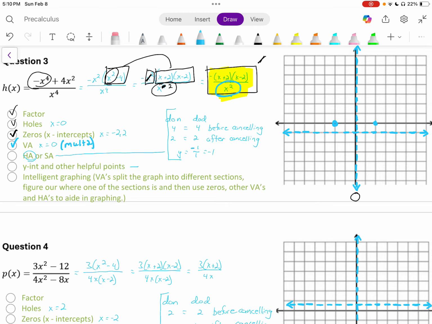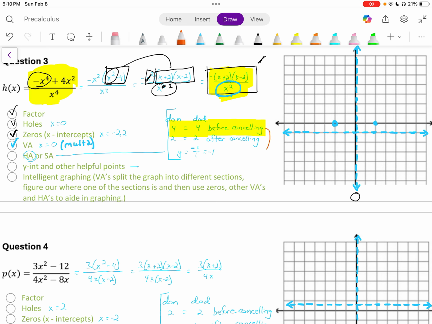And then we're going to look at our horizontal or slant asymptote, which we can just find by looking at the leading coefficient and the degrees. The degree of the numerator is 4, the degree of the denominator is 4. That was before we canceled, and that's really easy to look at over here, so we can just use that.